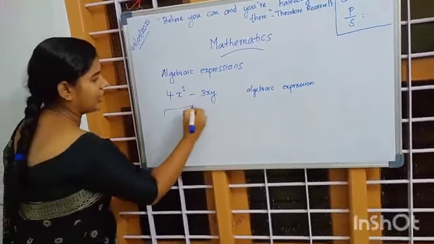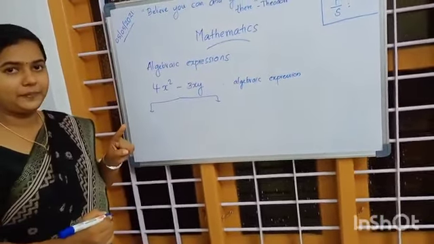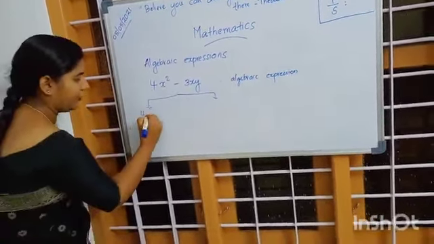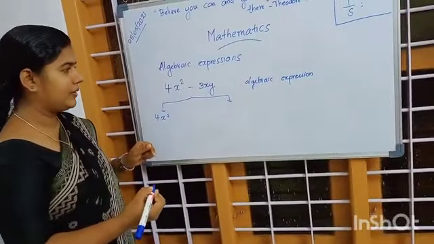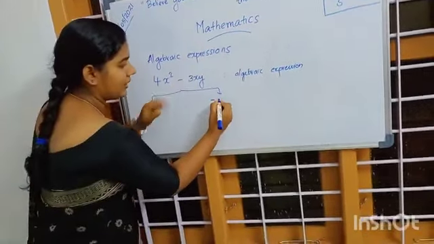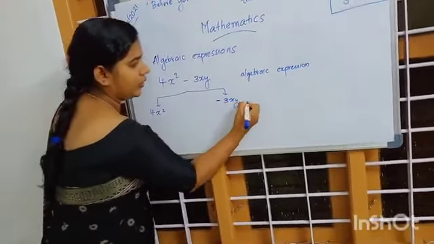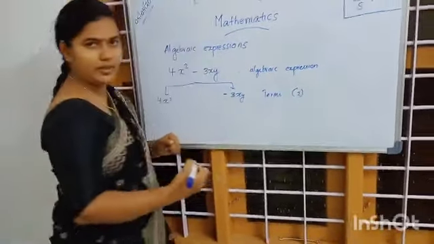And which are they? What is the first term? Yes, it's 4x square. What about the second term? It's negative 3xy. You should also take this negative. So these are the terms and there are two terms.